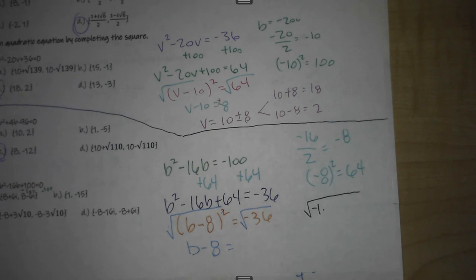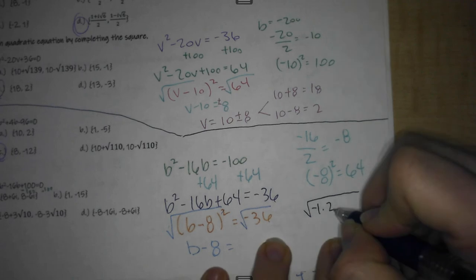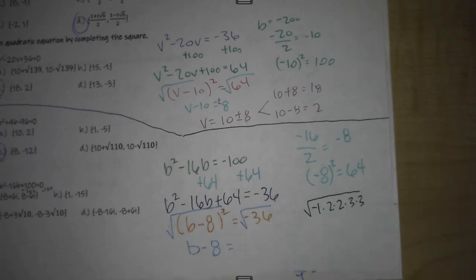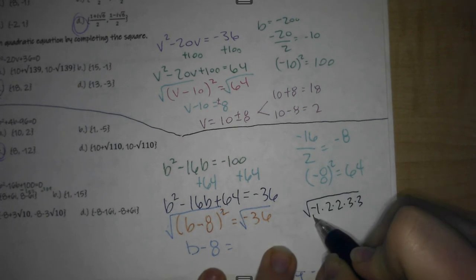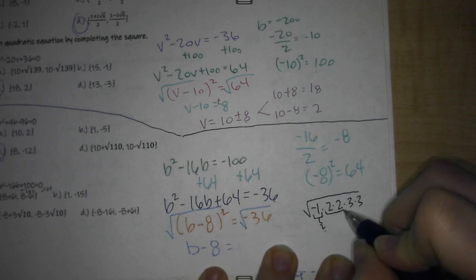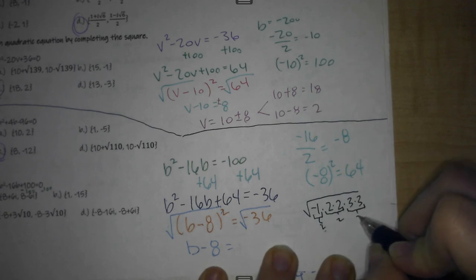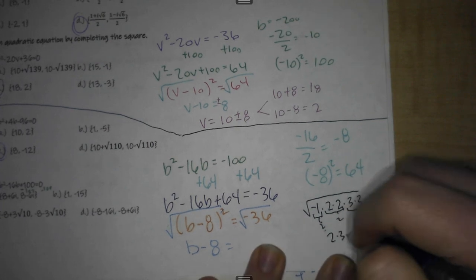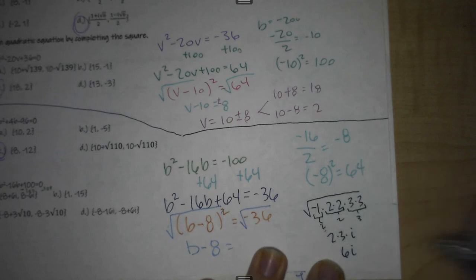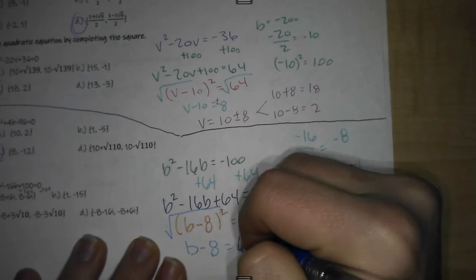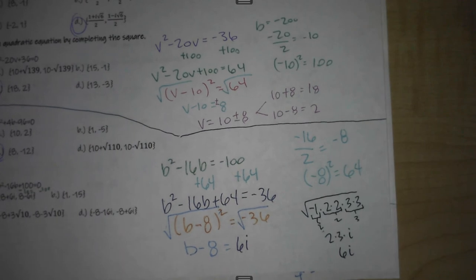And my factors of 36 are 2 times 2 times 3 times 3. I'm pulling out an i for that negative, a 2, and a 3. So I'm pulling out 2 times 3 times i, so 6i. So over here we've got 6i.